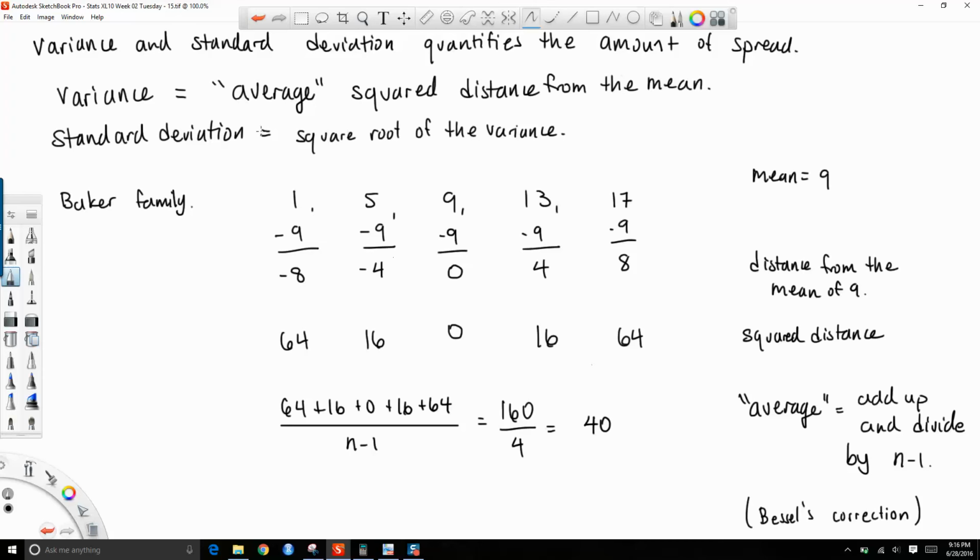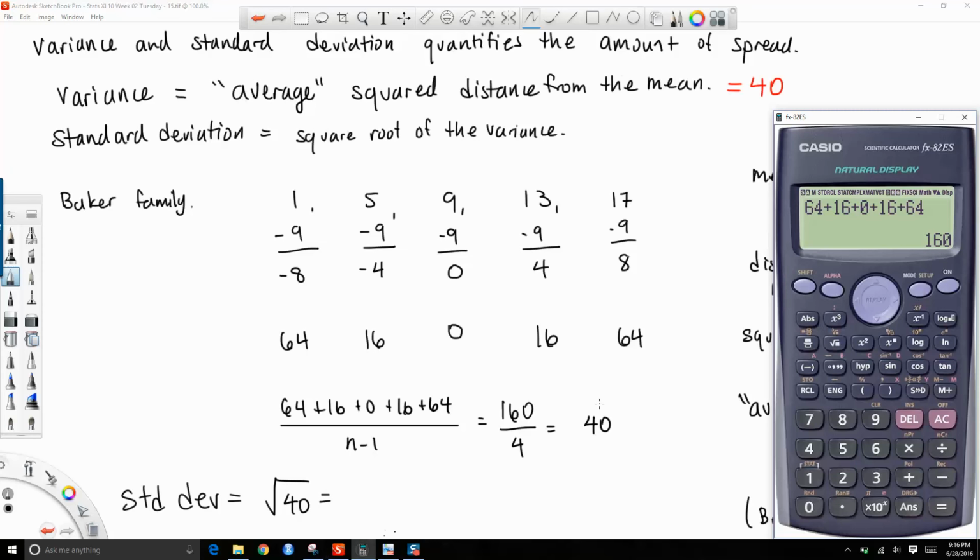So the variance is the average squared distance from the mean, the quote-unquote average, so my variance is equal to 40. The standard deviation is the square root of the variance, so my standard deviation is equal to the square root of 40.